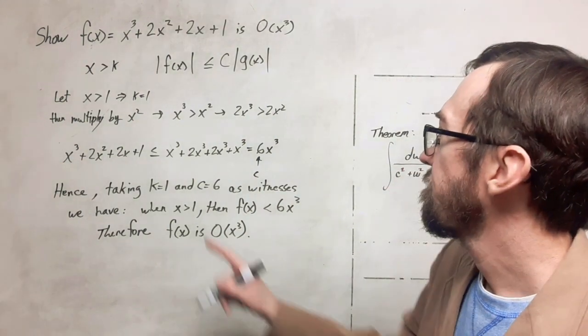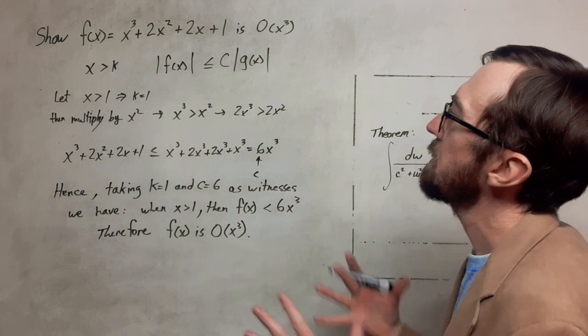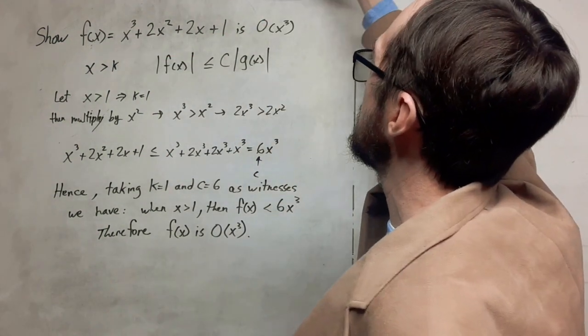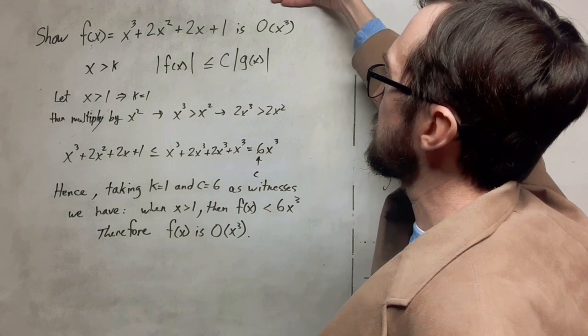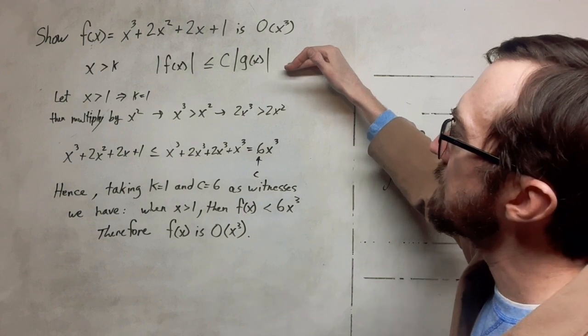We can kind of treat this as a bit of a proof now. We were told to demonstrate that f of x is big O of x cubed. This is our definitional idea of what that means.